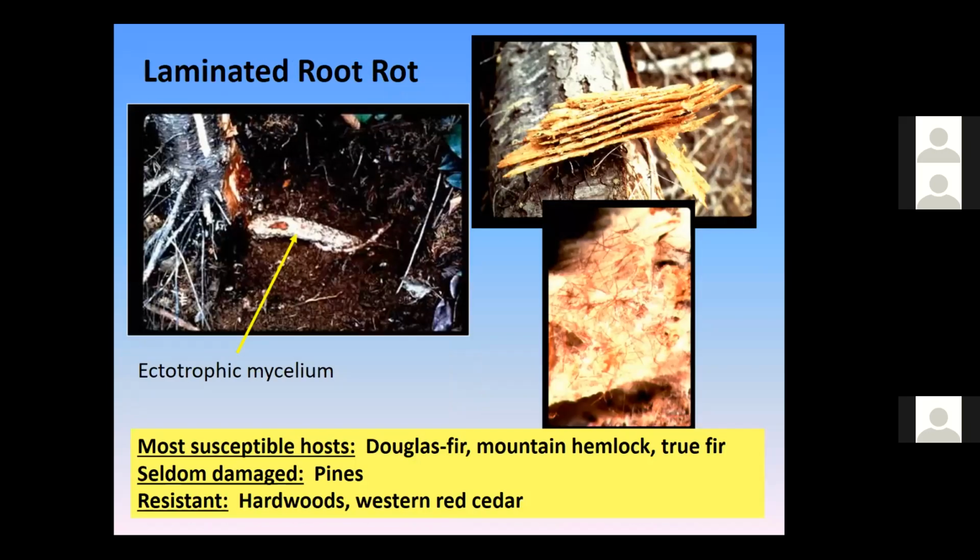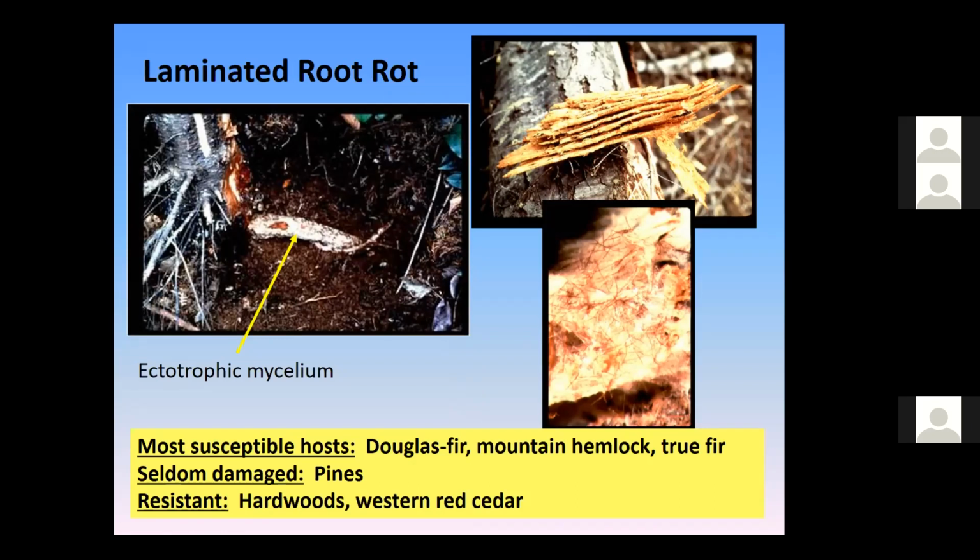So one of the big ones with Douglas fir is laminated root rot. And the decay pattern, if you pulled out some wood from the root area or even an old stump, you're looking edge on at the annual rings here, and the fungus decays between the annual rings, and so they start to separate.